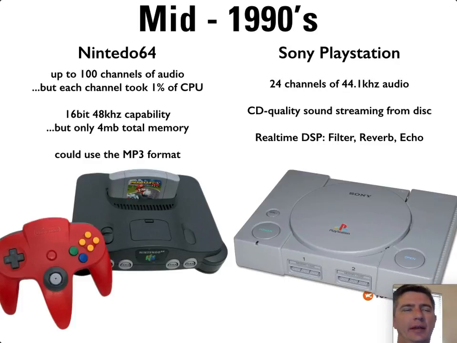And then somewhere in the contract, Nintendo realized that Sony was going to get all of the licensing fees for the CD-based games, and Nintendo was going to get all of the licensing for the cartridge-based games. This game console was going to do cartridges and CDs. And Nintendo knew that a lot of these games were headed towards the CD. They would be missing out on all of that revenue.